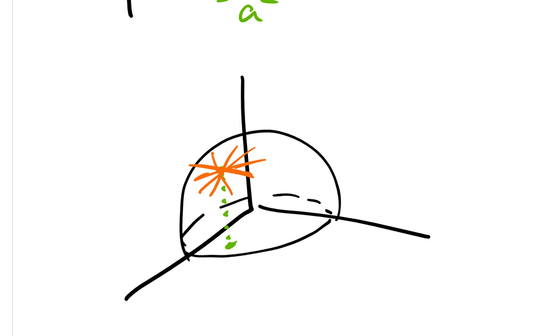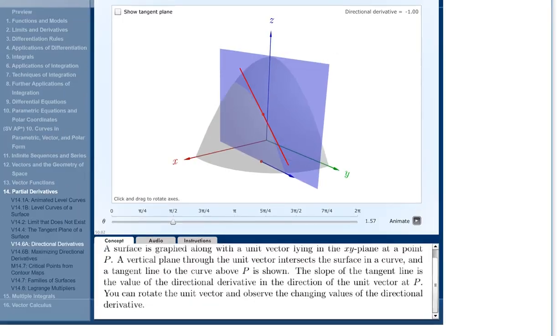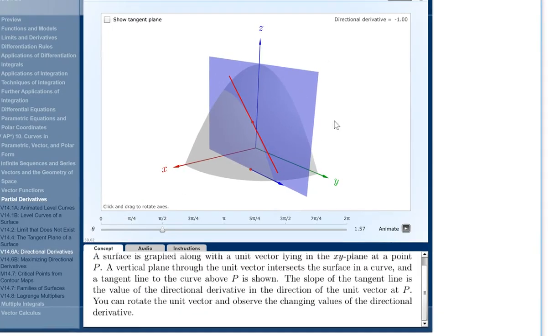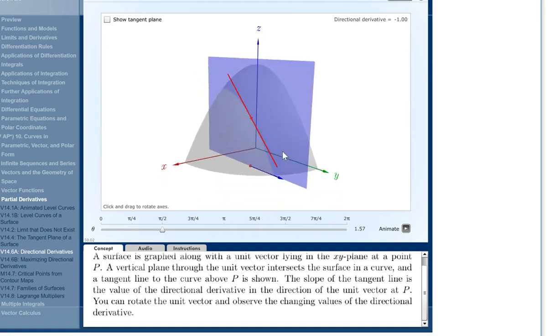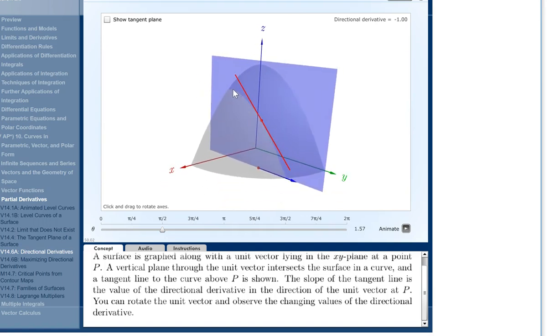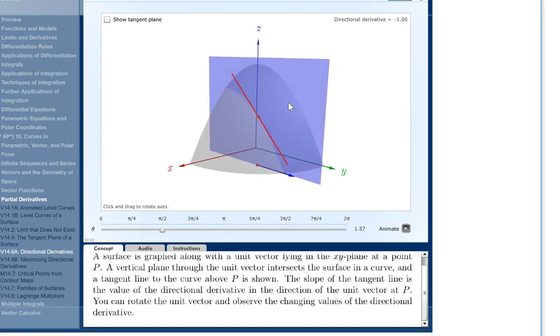So one way to look at this is to cut the surface with a plane. I have an upside down paraboloid here, and I'm going to cut it with a plane. Then you look at the curve of intersection of the plane with the surface.